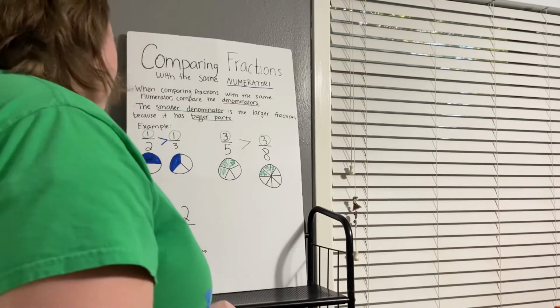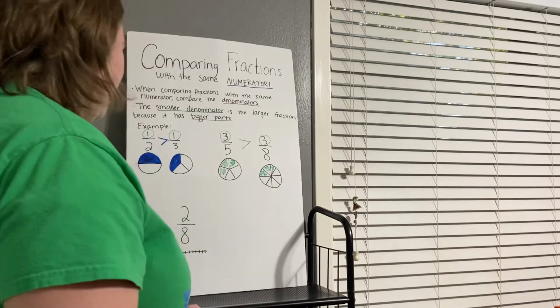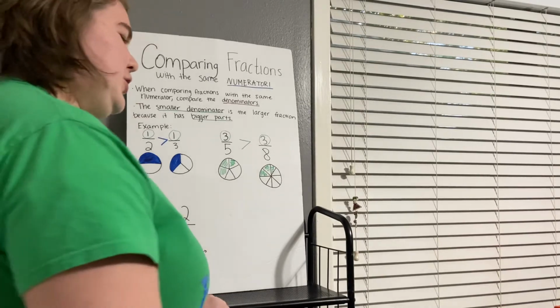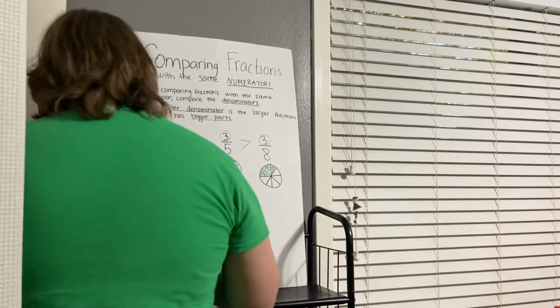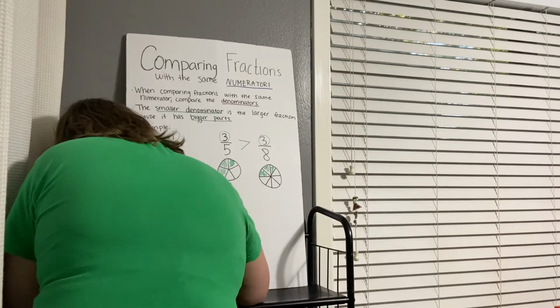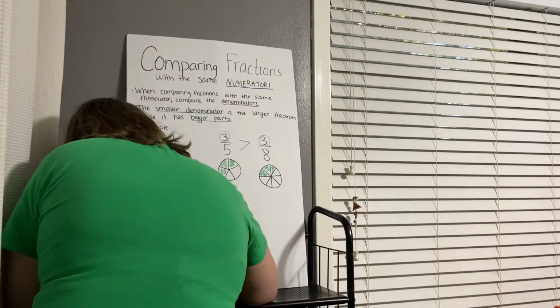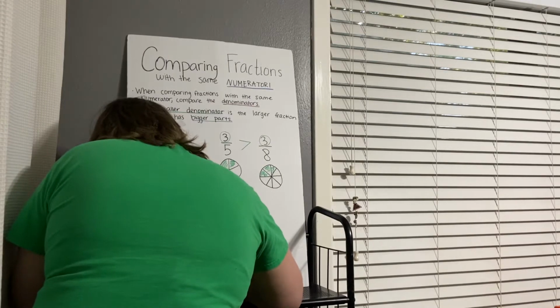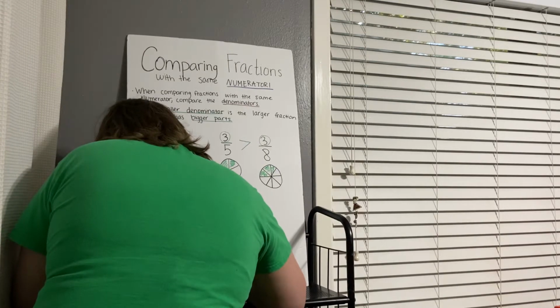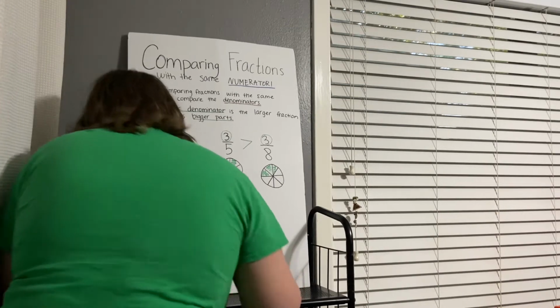So let's do one more. Say we have it on the number line. First we're going to label our number line. 1, 2, 3, 4, and 1, 2, 3, 4, 5, 6, 7, 8.